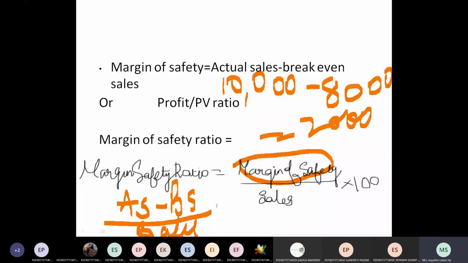Margin of safety ratio is margin of safety by total sales into 100. Please all of you note this formula. Margin of safety ratio is equivalent to margin of safety by sales into 100.